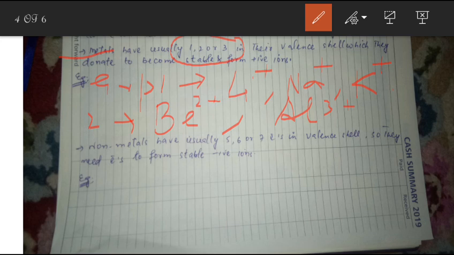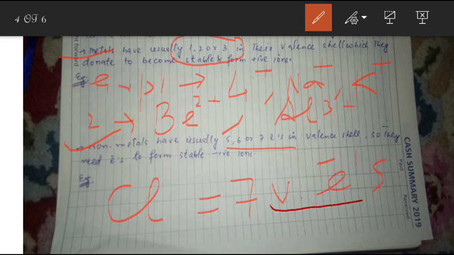In the same way, non-metals have usually 5, 6 or 7 electrons in their valence shell, so they need electrons to become stable. For example, chlorine is having 7 valence electrons. It needs only 1 electron to become stable, so when it gains that electron, it gets converted into Cl negative.